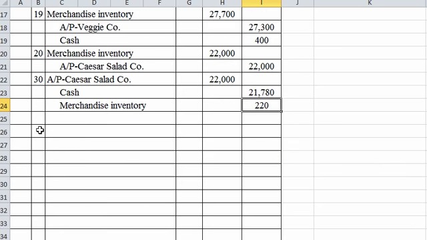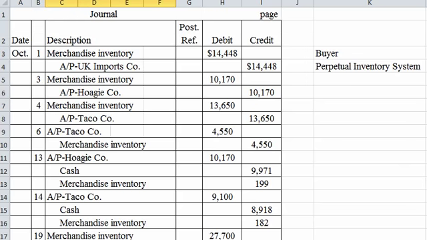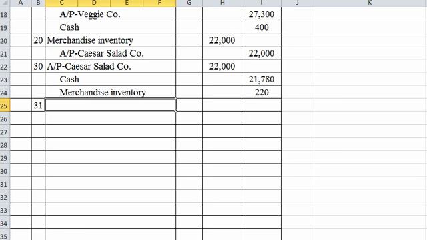Okay, then on the 31st, paid UK Imports for the invoice of October 1st. Well, let's look back up here. On October 1st, we credited UK Imports for $14,448. So liability increases on the credit side, and if we've paid them, then that liability needs to be decreased on the debit side.